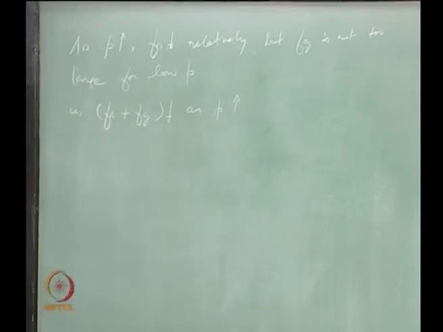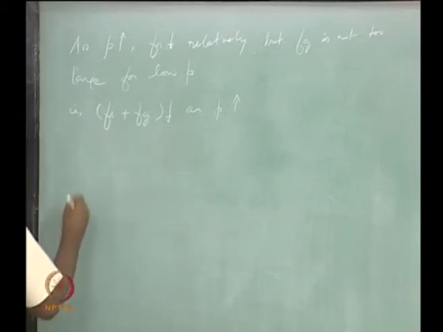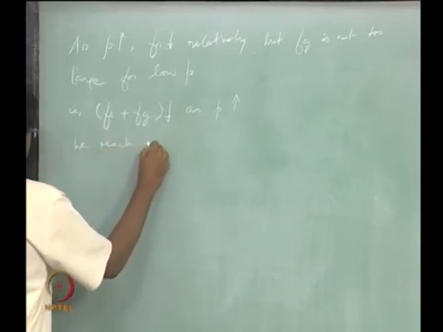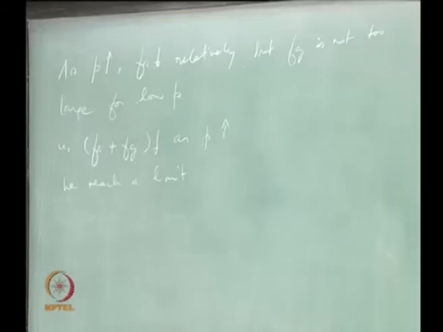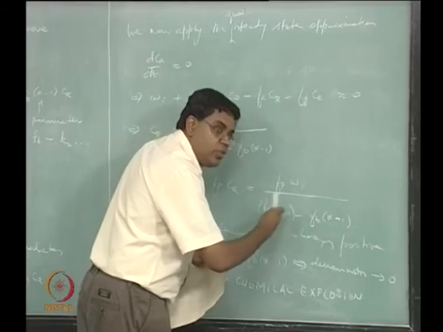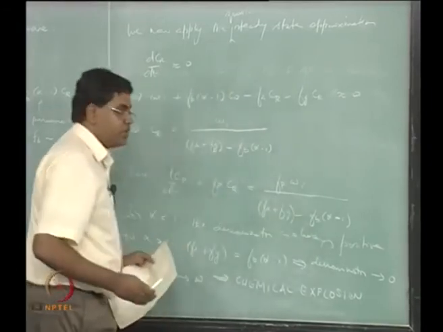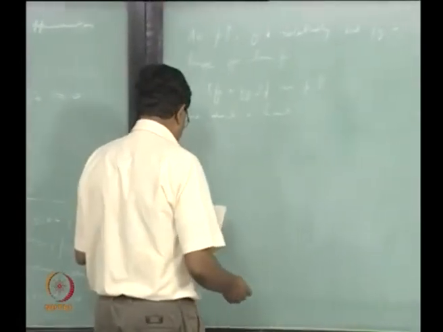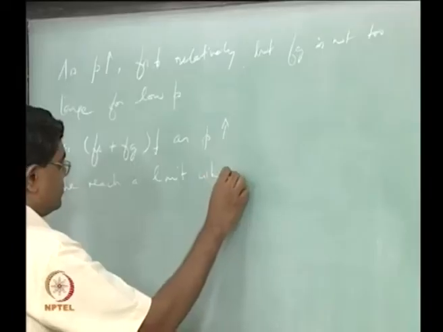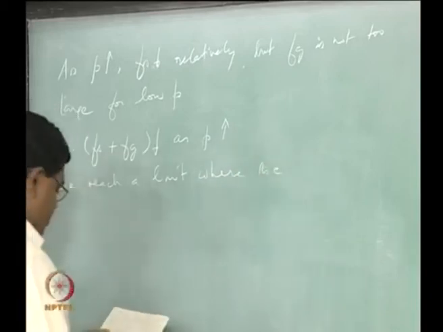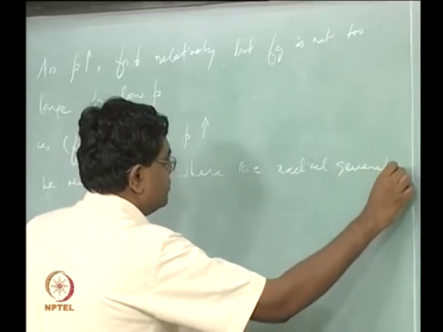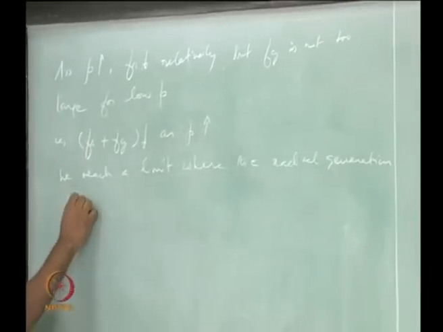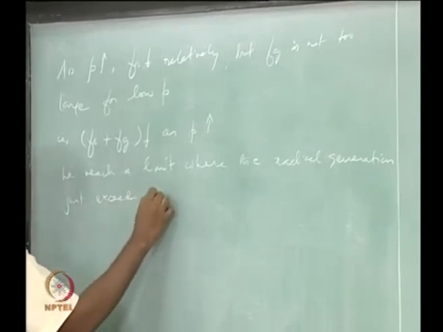So you now reach a limit. That means we are looking for, as you change the pressure, how is this going to change relative to this, such that at some limit you might equate. So we reach a limit where the radical generation just exceeds the termination.